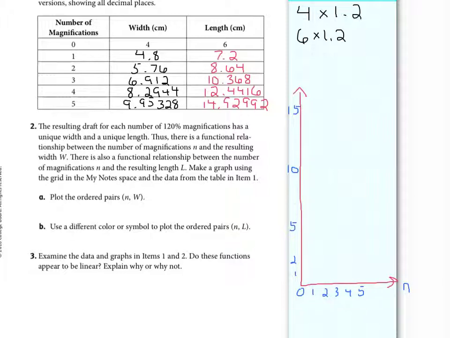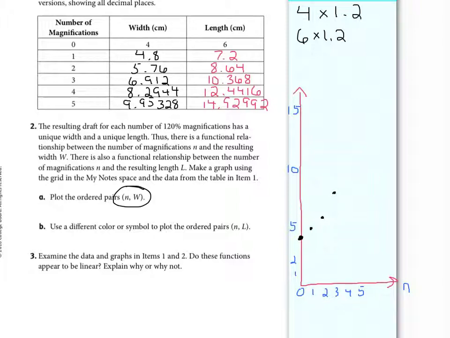So starting with the number of magnifications and the width, so this ordered pair. When we were at 0, before we did any copying, was at 4 centimeters. The first magnification was at 4.8. The second one went to 5.76. The third one is at 6.9.